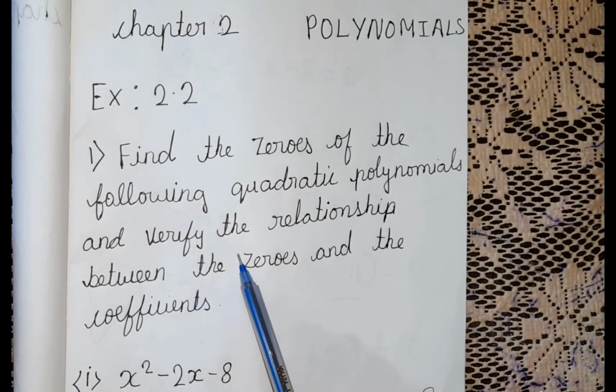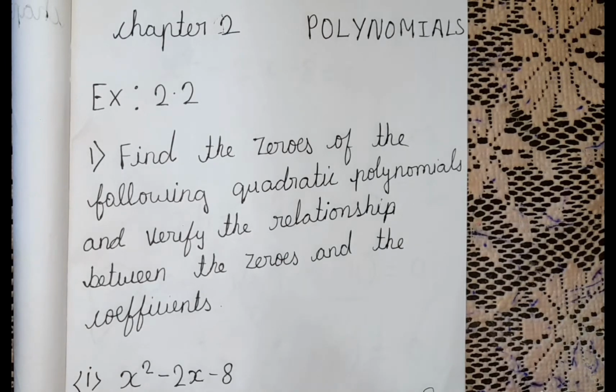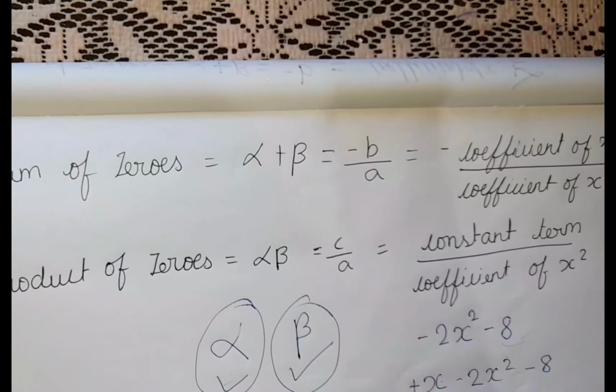You guys might ask, what kind of relationship is there between the zeros and coefficients? Do you guys remember the formula which I had explained in the starting of the chapter? Let me just recall the formula. So this is the formula.